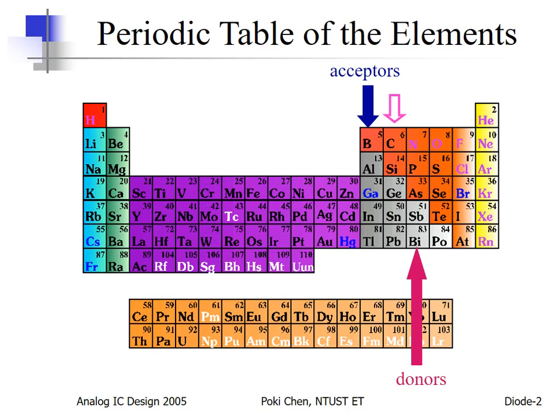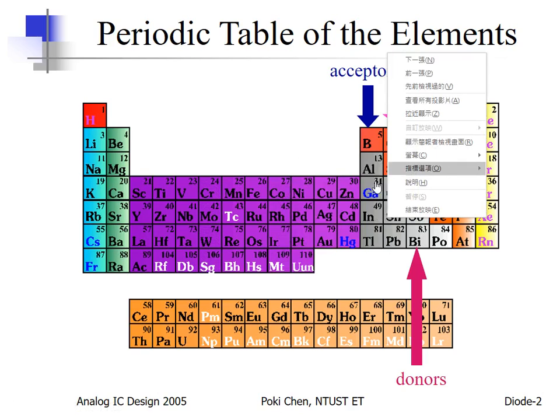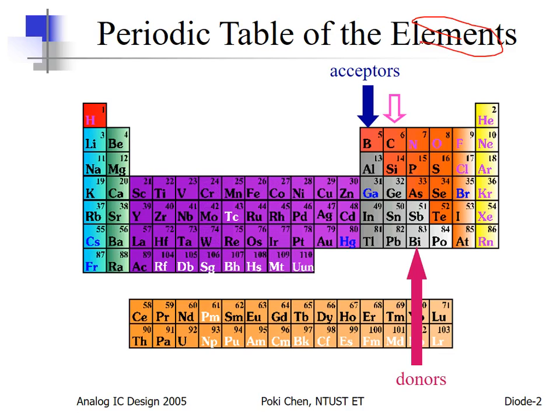Anyway, we have quite many elements on Earth. You can see this is the periodic table from the smallest to the largest. And what we are concerned about is how to compose the so-called semiconductor. Actually, we focus on this. Why?